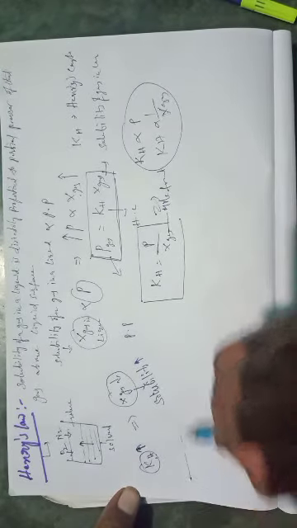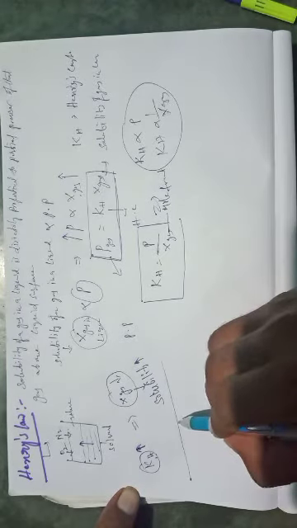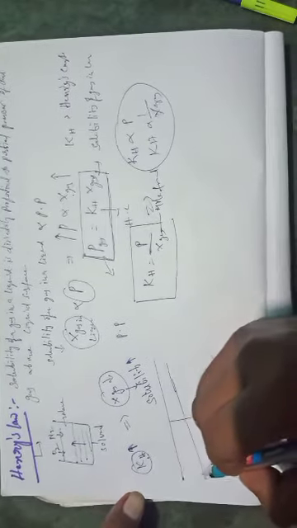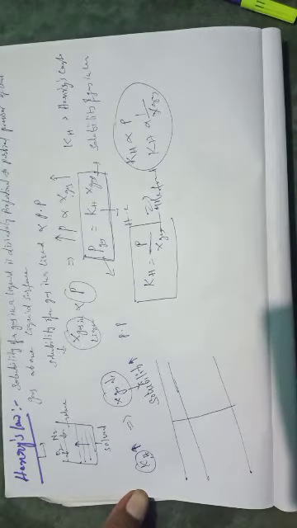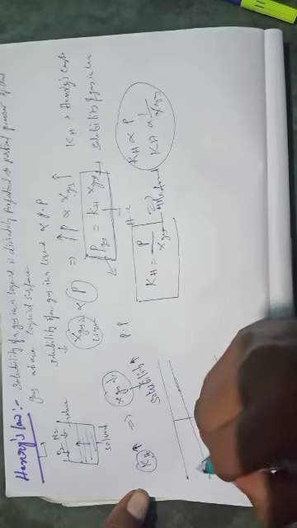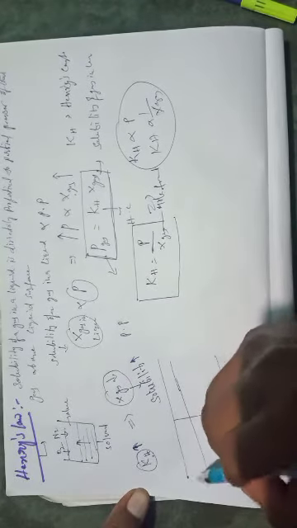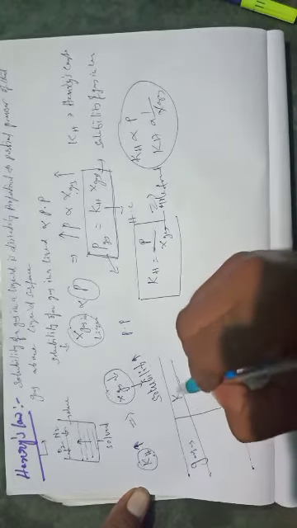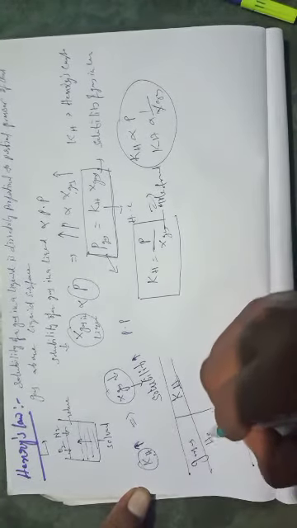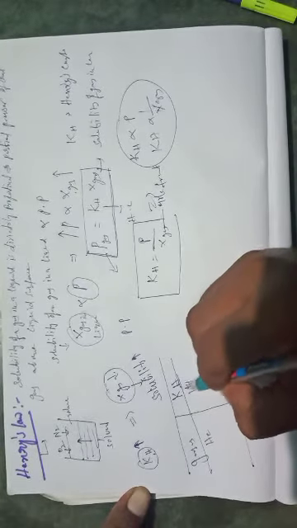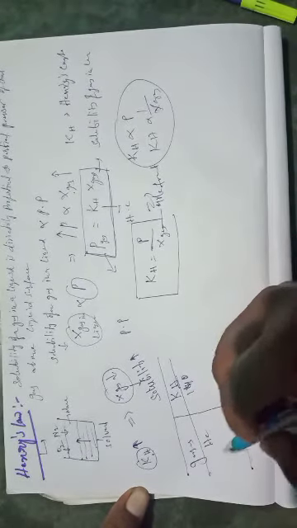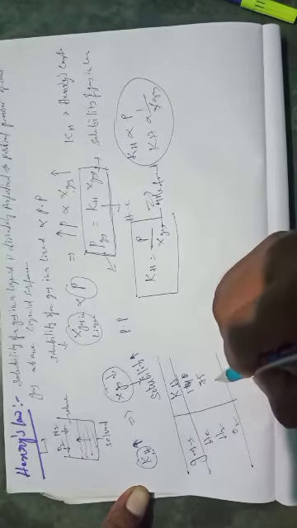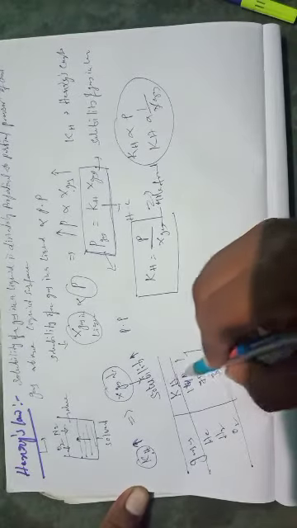Suppose you have taken some gases and their Henry's constants. Helium is 140, hydrogen is 75, oxygen 35, approximately these values.